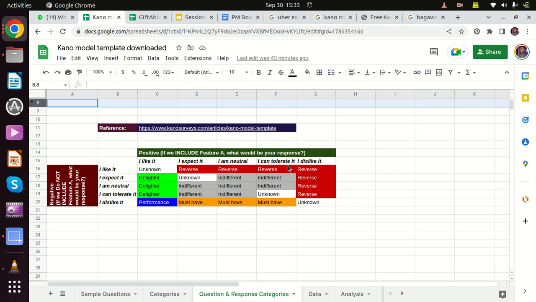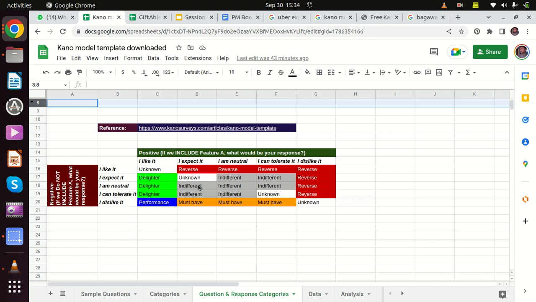In the same way, let's assume for the dysfunctional question the person said, I'm neutral about it, and for the functional question they say, I expect you to include that feature. They're neutral if you don't give it, and they expect you to provide it. That's an indication of an indifferent feature.